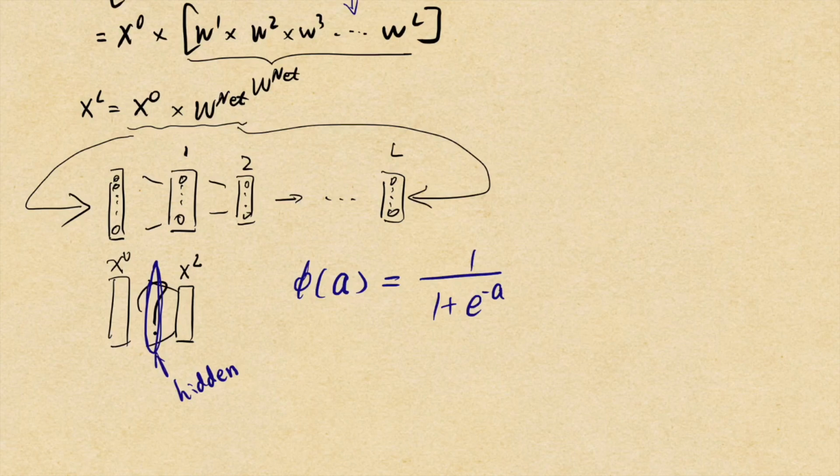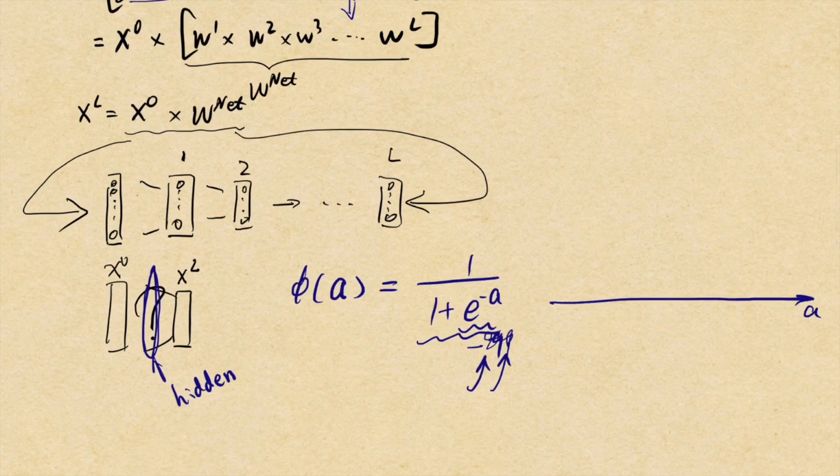When a is very small, for example minus 999, the exponential becomes very huge, and the bottom part of this ratio is very big, so the ratio approaches 0.